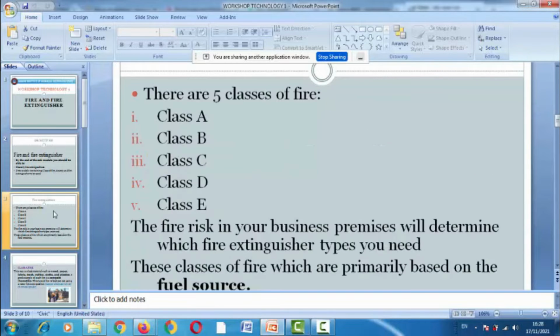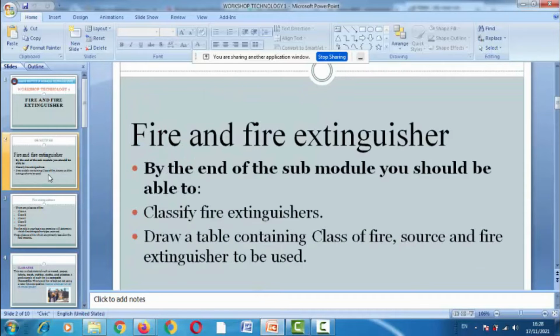So just like I had said, we know that fire can be used wrongly, especially when it is burning where it is not supposed to be burning. We know fire is good, especially when you are supposed to cook.